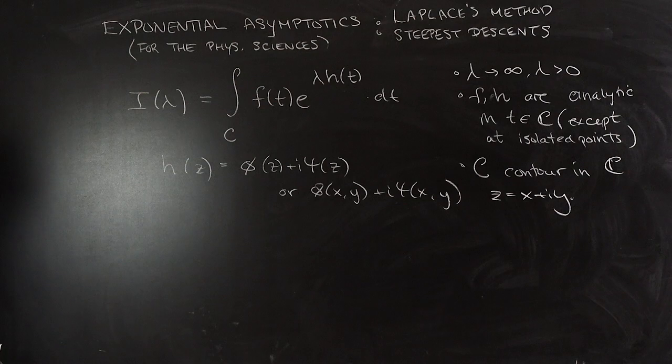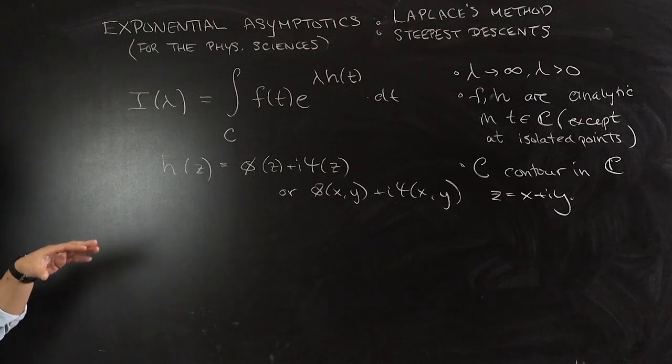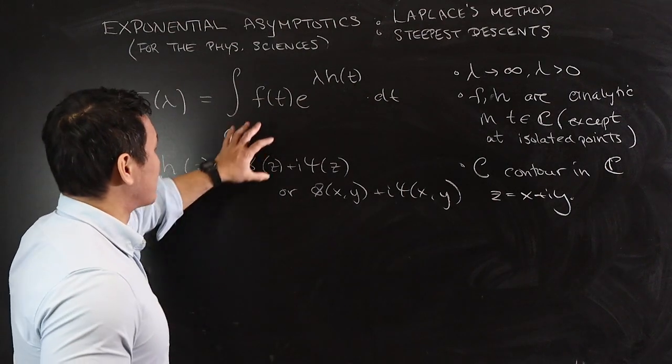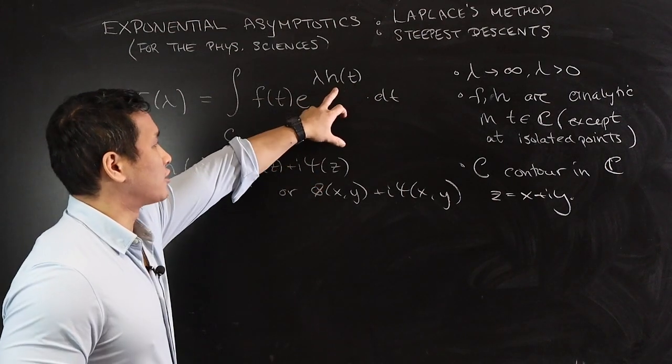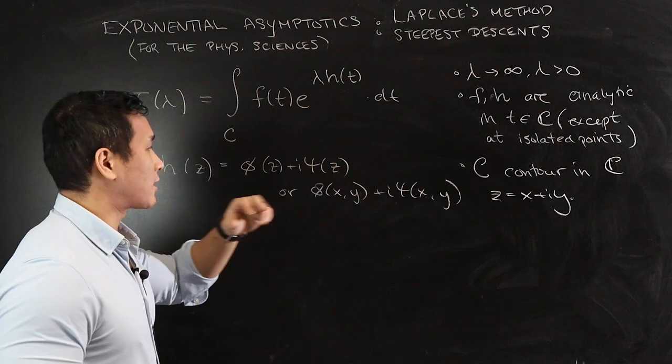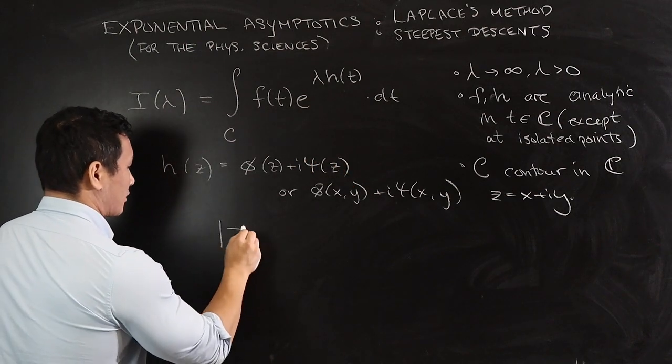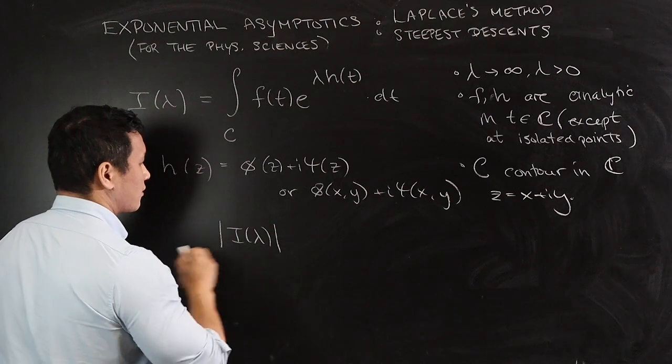Okay, so for the first bit, we kind of want to try to use what we've learned about Laplace's method and apply it to this integral, but now this h function might be complex valued, and just see what happens. Well, I can certainly bound it, so I can look at I of lambda, right?